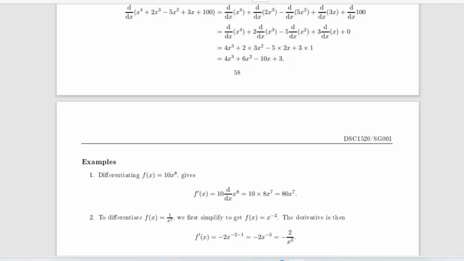Do you see it? Sorry, I didn't. Please repeat it. I'm saying we know that our answer is -2x to the power -3, but you can bring down that -3. You can write this whole thing as a fraction.